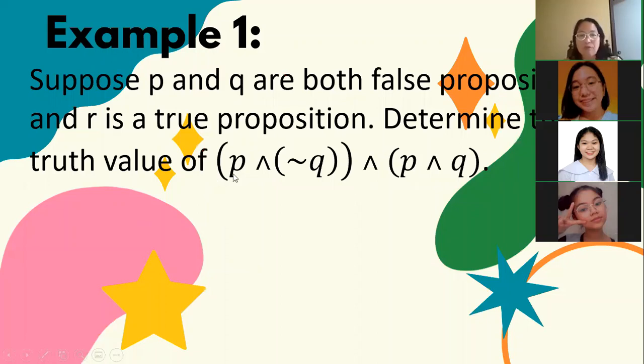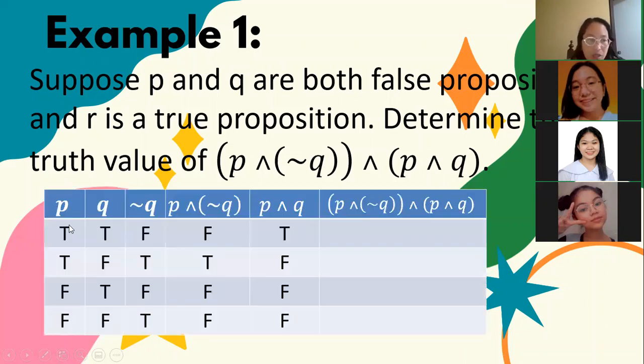Determine the truth value of P and the negation of Q, and P and Q. As you can see, our operation only involves the propositions P and Q. So for our table, you will just need to start with P and Q. For P, we have 2 true and then 2 false. Then the Q, TF, TF.